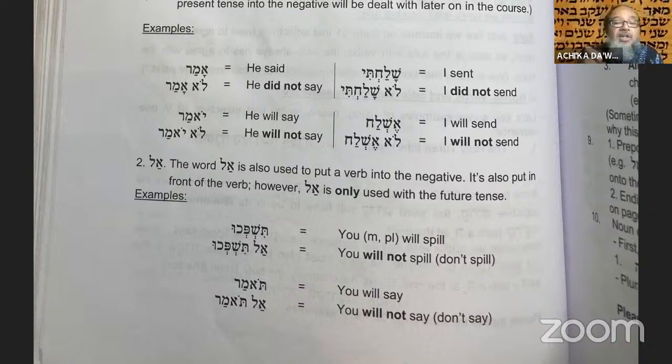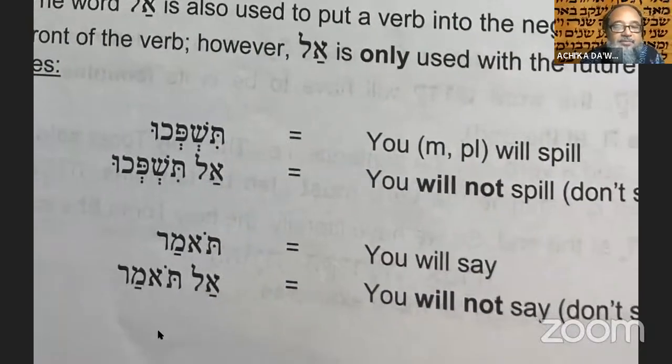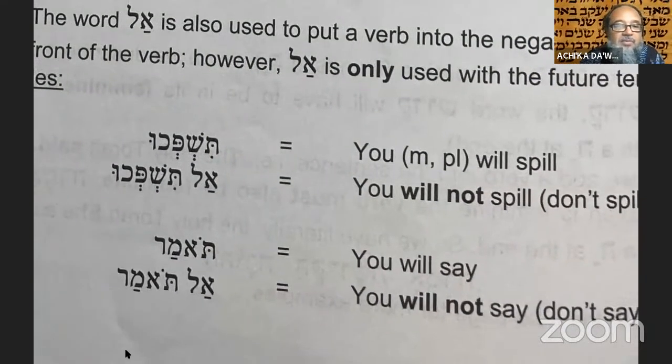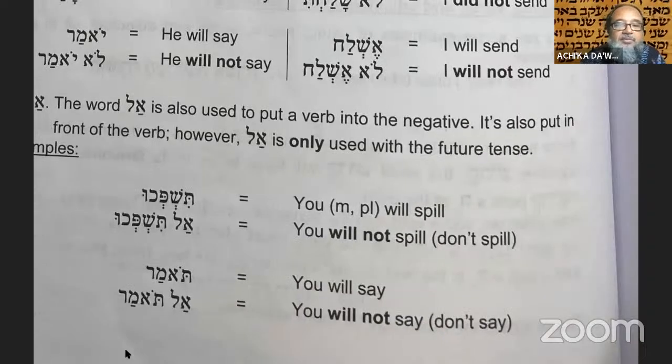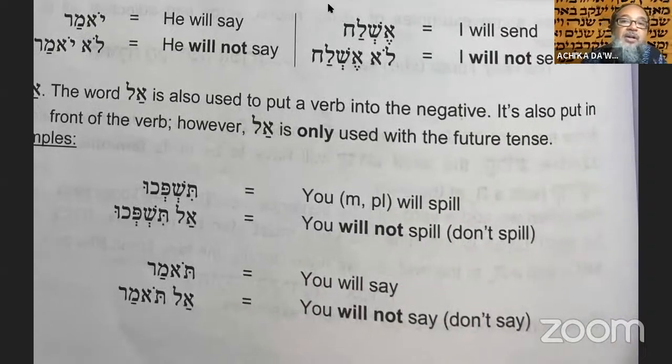Okay. So let's talk about it since it is in a future tense. So I'm going to point to something and you tell me what it is. I'm going to do this letter and you tell me what letter that is. Since it's a future tense, the letter is in the front.